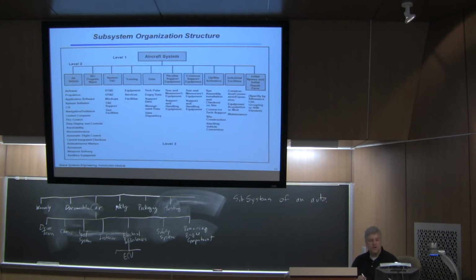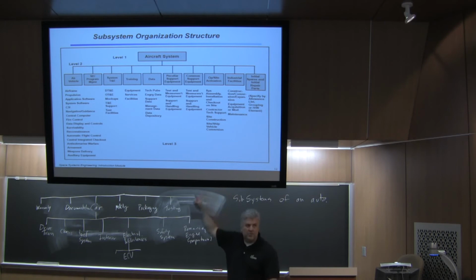As an example, an aircraft system. You say, I'm going to have an entire system for my aircraft, and this is where I come up with other ideas. Look at that. The vehicle itself is only one of those, whereas there's training. You have to train people how to repair it and how to manufacture it. Data is kind of like documentation. Then the industrial facilities for manufacturing, support equipment, et cetera.